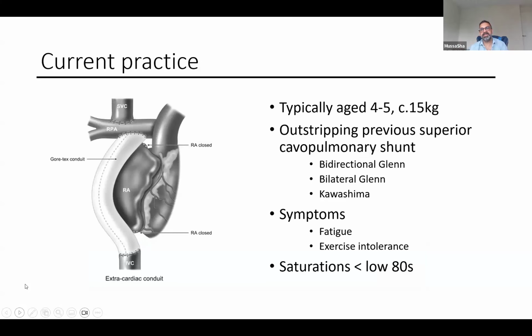So as I said, current practice, this is what we do day to day. What tends to happen is that you've got a patient who has been down two stages of the single ventricle pathway.